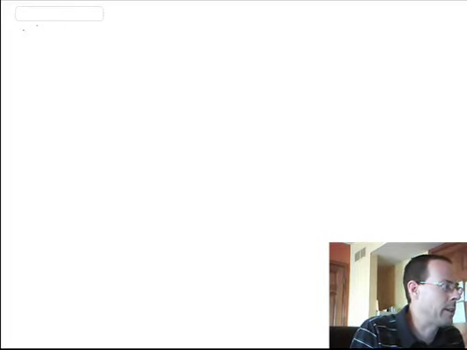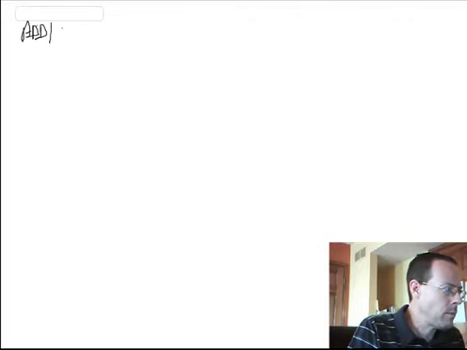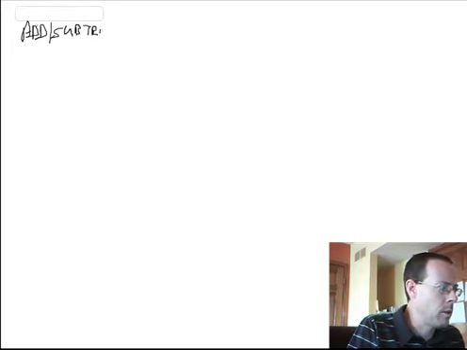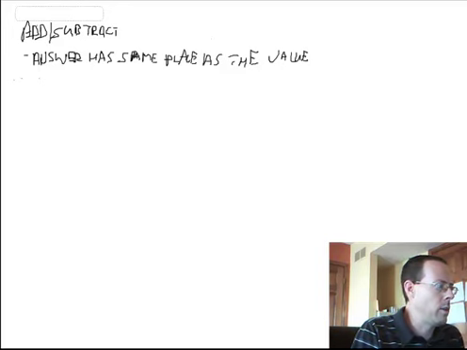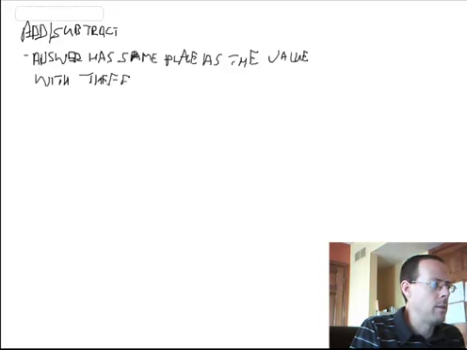So if we are adding or subtracting, our answer has the same decimal place as the value with the fewer places.